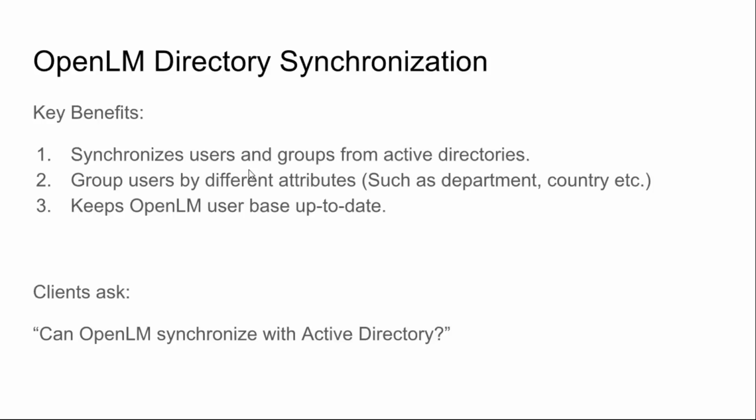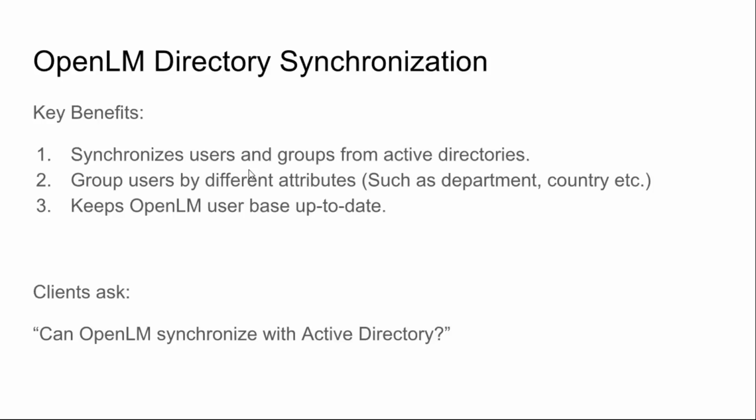So OpenLM allows you to synchronize groups and users, or groups of users, from your Active Directory. It allows you to group users by different attributes. Let's say that you have 1,000 users in your Active Directory.